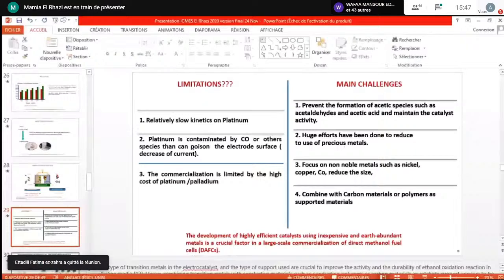We can also combine carbon nanomaterial and polymer as supporting material with metallic nanoparticles. So the development of highly efficient catalysts using inexpensive and abundant metals is a crucial factor in the large-scale commercialization of direct ethanol fuel cells.